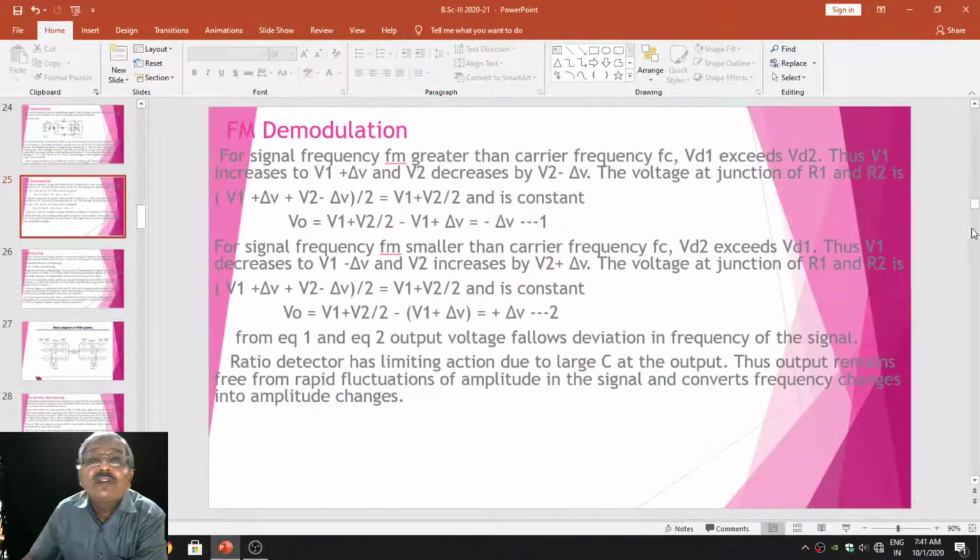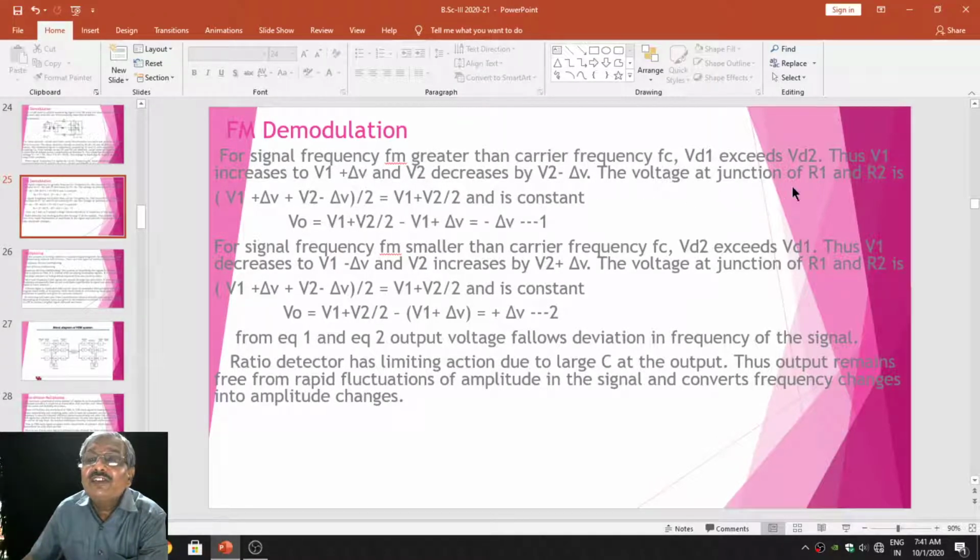But suppose signal frequency FM becomes greater than the carrier frequency, then diode D1 will start conducting current to develop VD1 across it, which is more than VD2. Thus, V1 increases to V1 plus delta V and V2 decreases to V2 minus delta V. This is true provided FM is greater than FC.